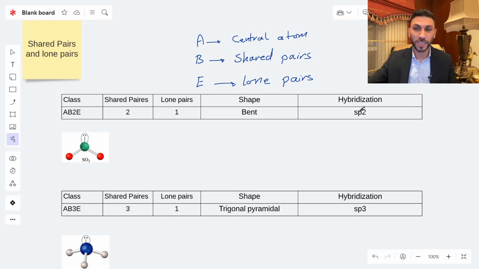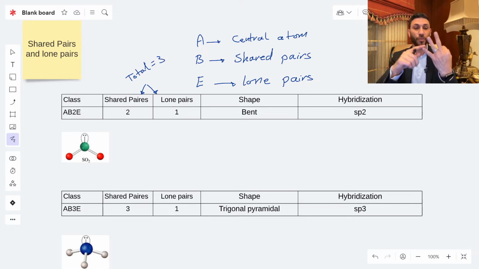And now, what is the hybridization? Let's check. The shared pairs are 2, the lone pairs are 1, so the total pairs are 3. So it's going to be s, p, p, that's sp2 for the hybridization.